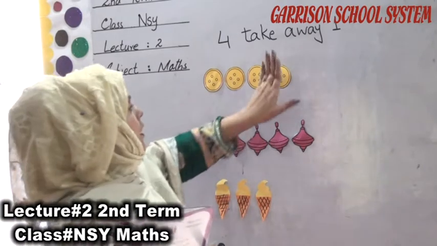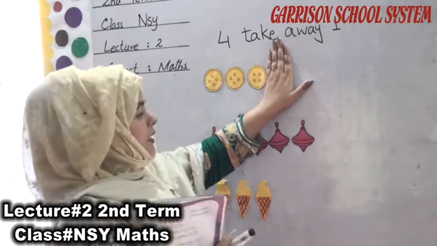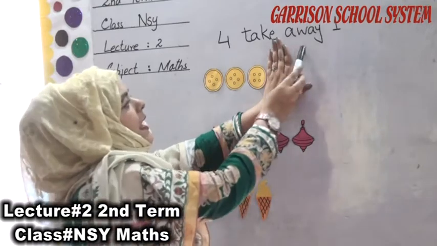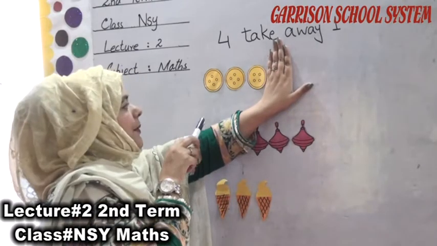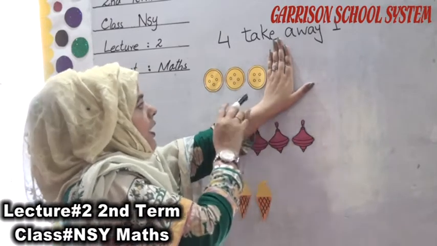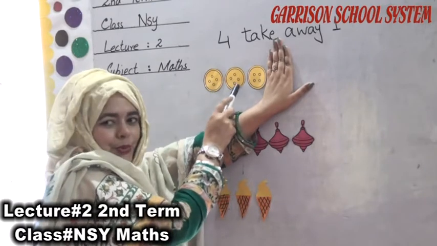So I am going to put my hand on one button, and that means I am taking away 1 from 4. If we take away 1, if we cross the 1, how many will be left behind? 1, 2, 3.